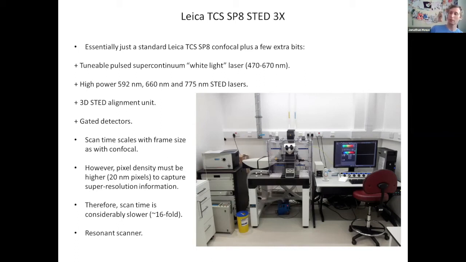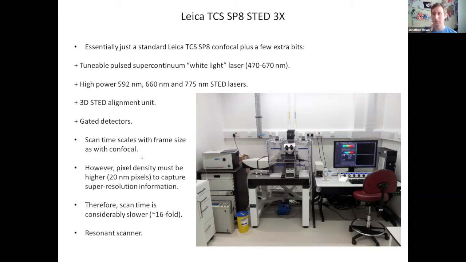There's this STED alignment unit, which is bolted directly onto the scan head, which is the thing which basically ensures that the STED donut is aligned on top of the excitation spot. And some of the detectors also have time-gated electronics, which enables us to improve the resolution slightly in combination with the pulsed excitation source.